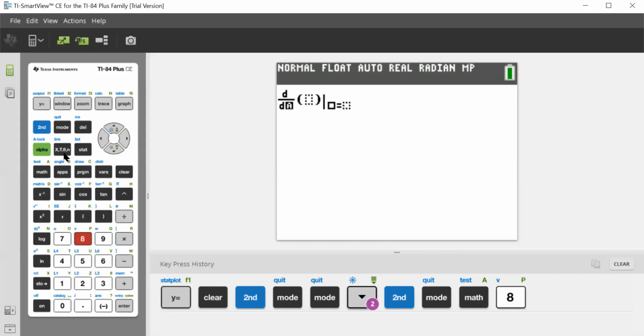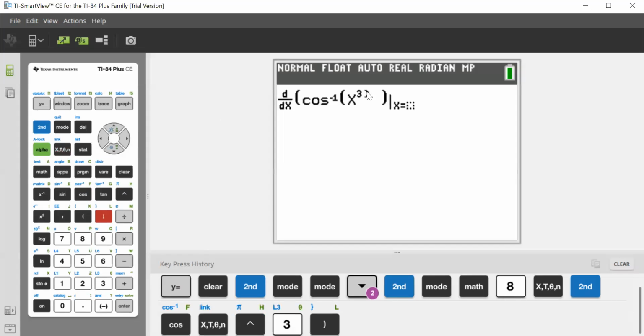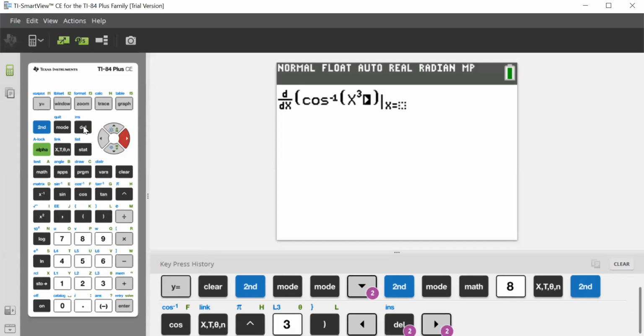All right. So for those of you that are here at this screen, since we're looking for the derivative with respect to x, you're going to type an x there. And then you're just going to type in your function, which was, what was our function? It was the inverse cosine of x to the third, or to the second? Third, okay. And then the log base 10.